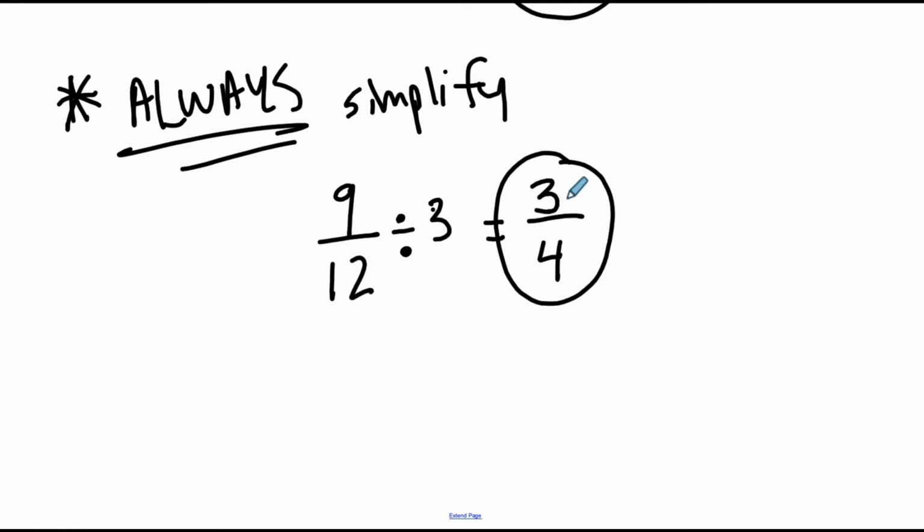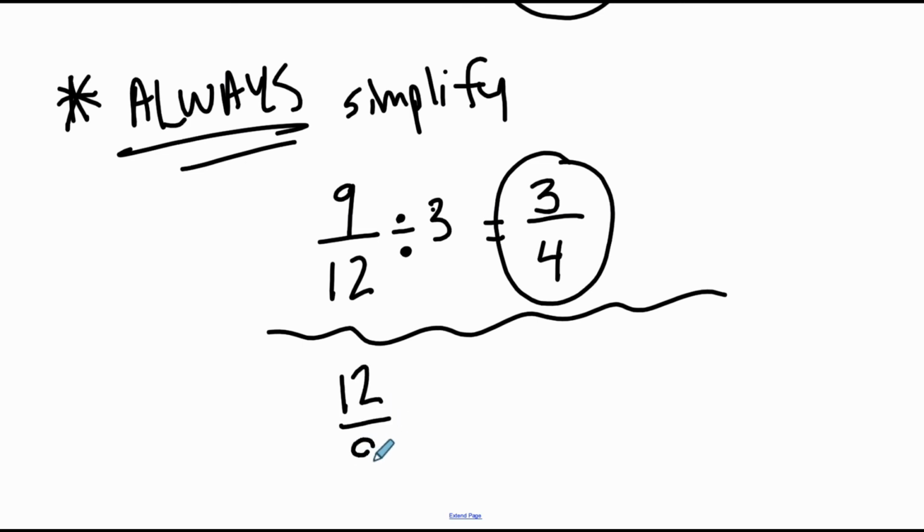The other thing with simplifying is if your final answer is an improper fraction. Improper means the top number, the numerator, is bigger than the denominator. So let's say you had, let's flip this around, 12/9 instead of 9/12. This is an improper fraction. Don't leave this as 12/9. Simplify it, reduce it.